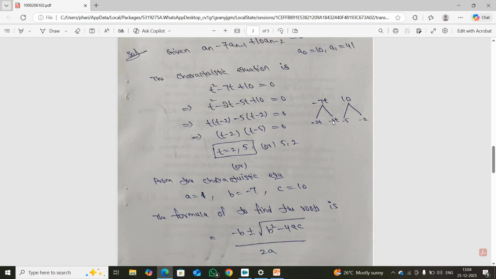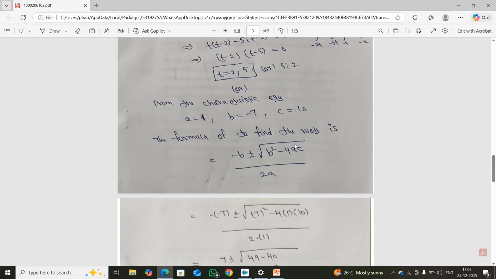Minus 2t and minus 5t give minus 7t, and minus 5 into minus 2 gives 10. So t square minus 2t minus 5t plus 10 equal to 0. Taking common factors, t(t minus 2) minus 5(t minus 2) equal to 0, so (t minus 2)(t minus 5) equal to 0. Finally, t equal to 2 or t equal to 5.